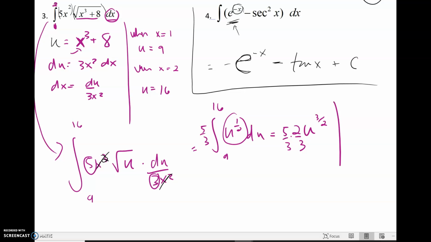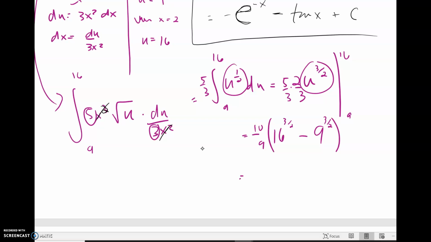And I got to evaluate that thing from 9 to 16. And that's going to be 10/9 is my fraction. And then I can just worry about plugging in 16 and 9 to that thing. So it's 16 to the 3/2 minus 9 to the 3/2.